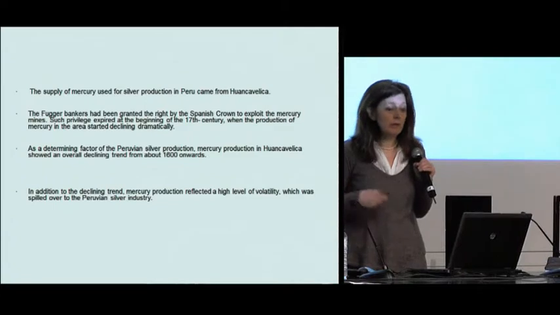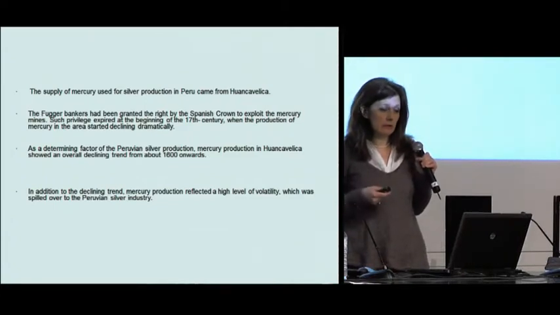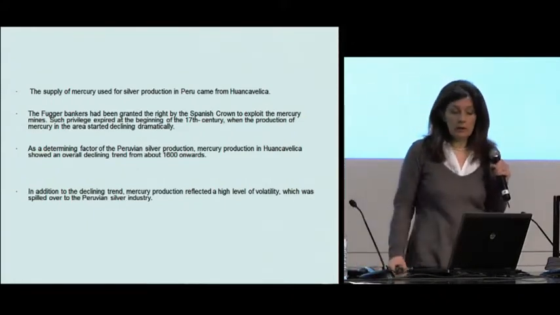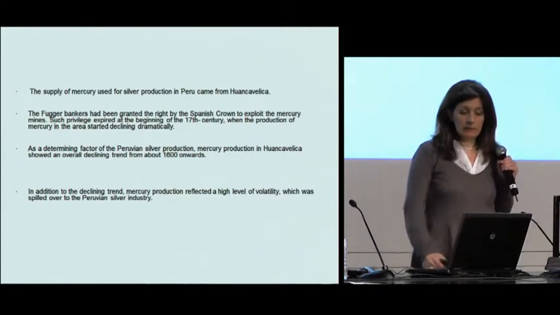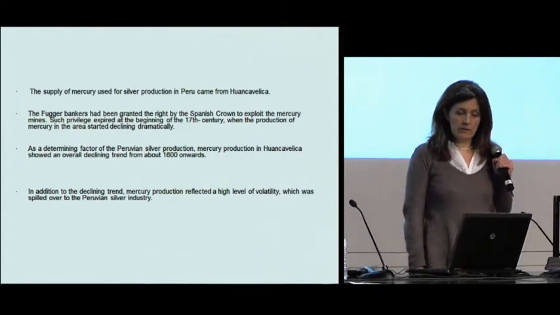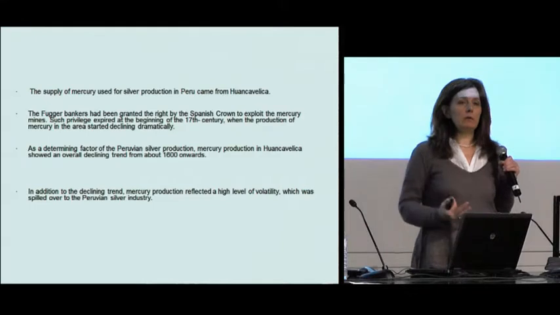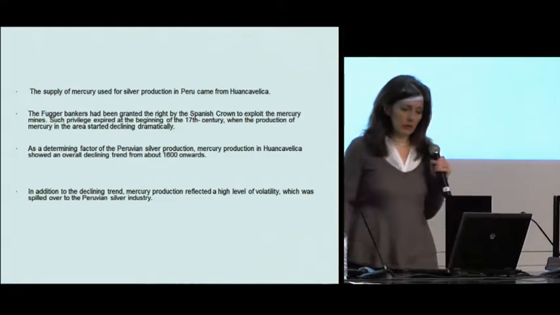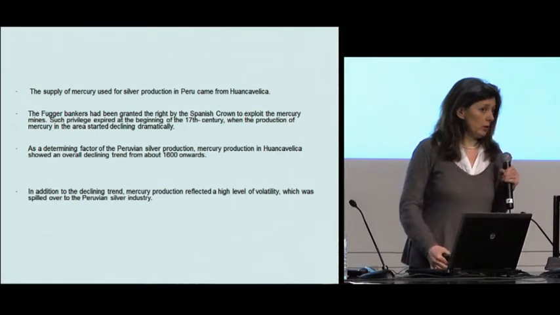We know that the Fuggers were granted the right to mine mercury in Peru, right? And that privilege expired towards 1600, and it's then when the overall silver production in Peru started declining.